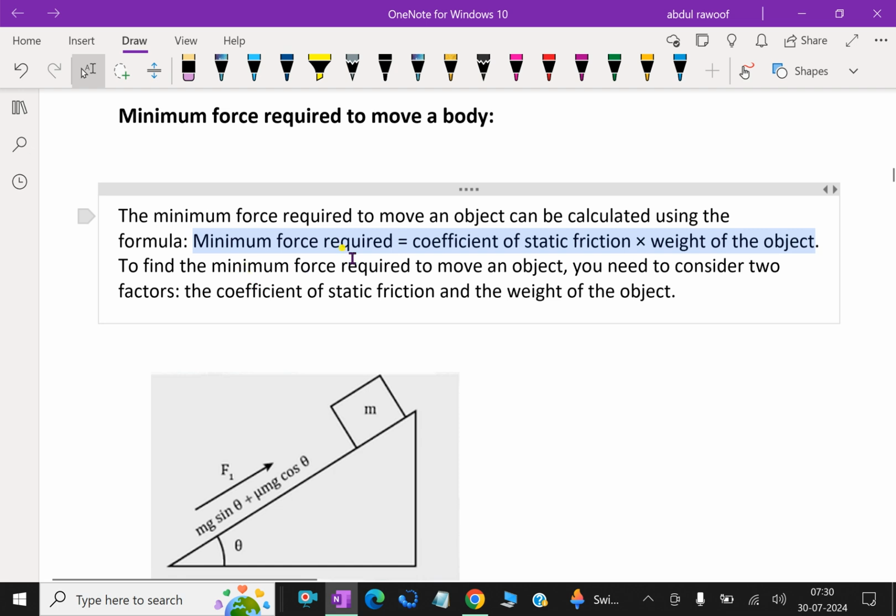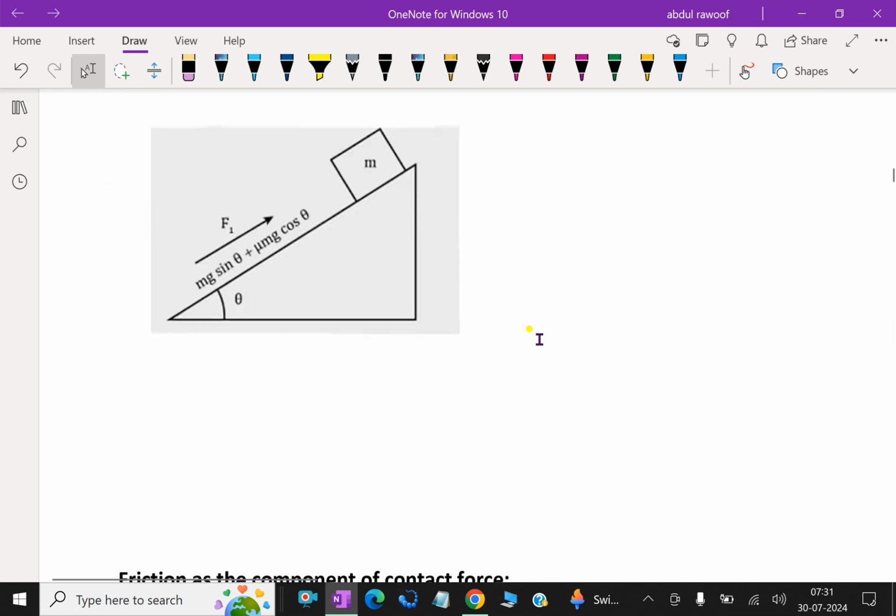Next is the minimum force required to move a body. The minimum force required to move an object can be calculated using the formula: coefficient of static friction into the weight of the body. To find the minimum force required to move an object, you need to consider two factors, the coefficient of static friction and the weight of that object. Look here.